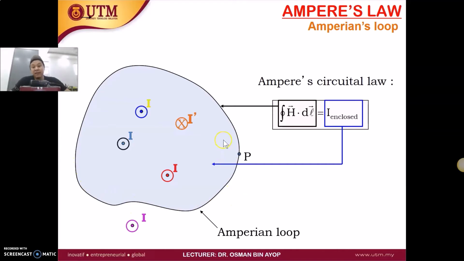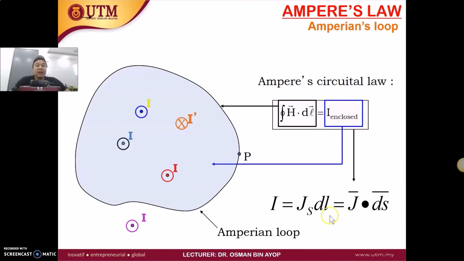For example, in this case, we have 4 current sources enclosed by the Amperian loop. So these 4 current sources will contribute to the H. But another current source I, which is outside the Amperian loop, will not contribute to the H. Our I enclosed can be a line current or filament current, which is the current flowing through a very thin wire whose cross-section area can be neglected.